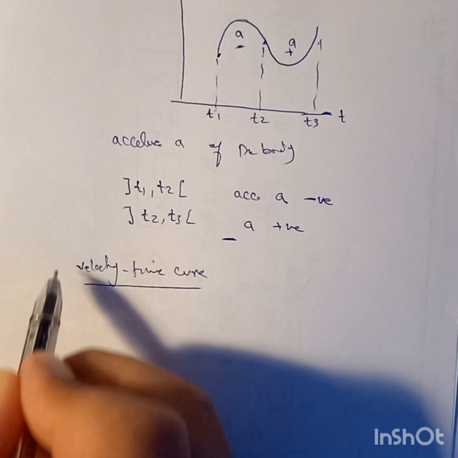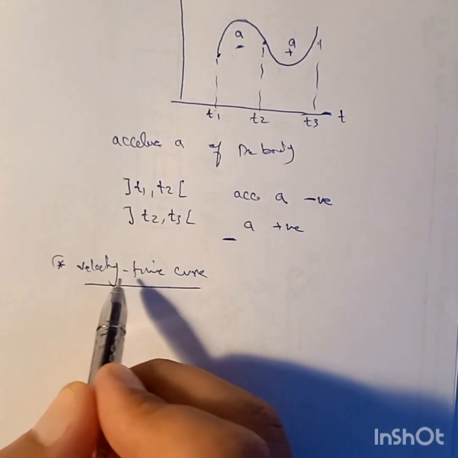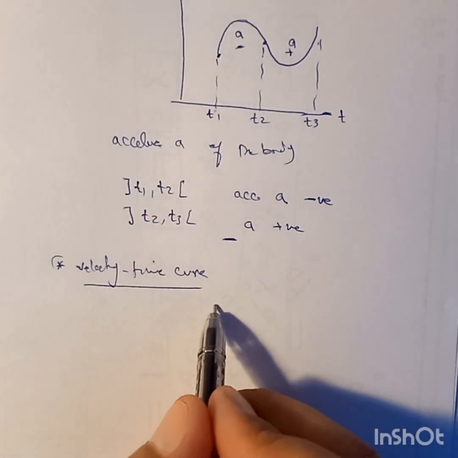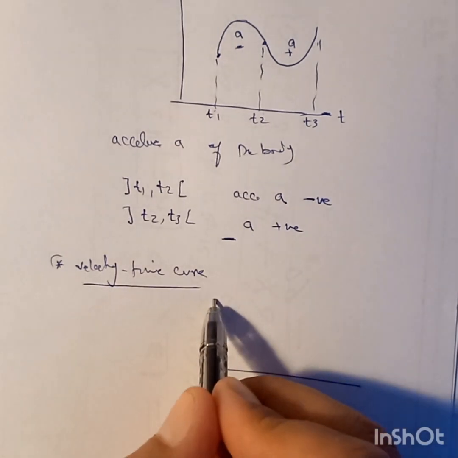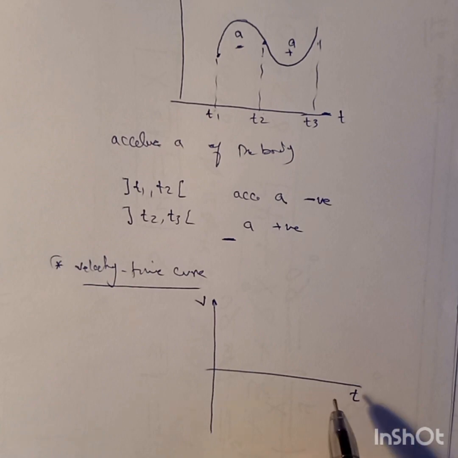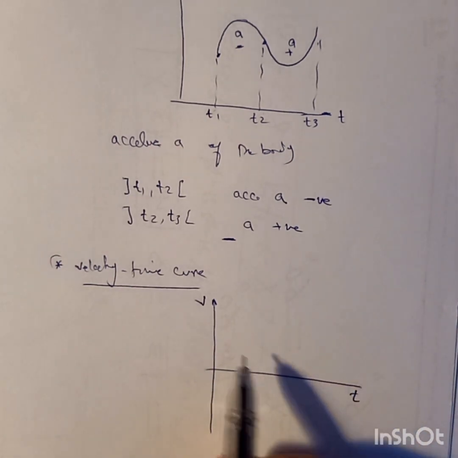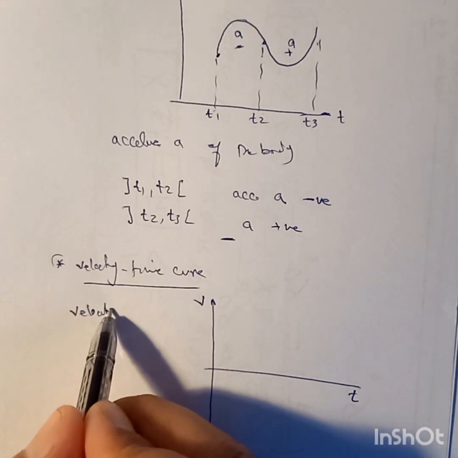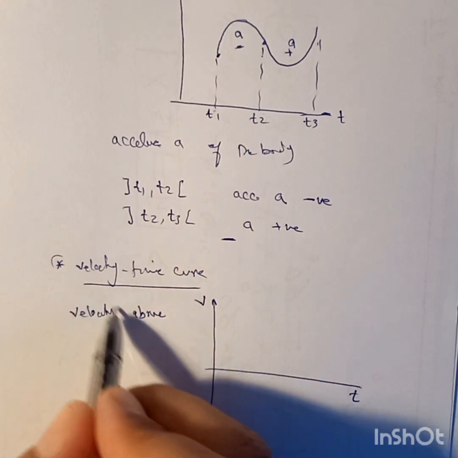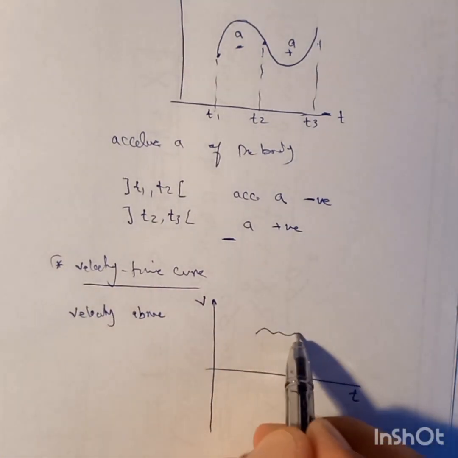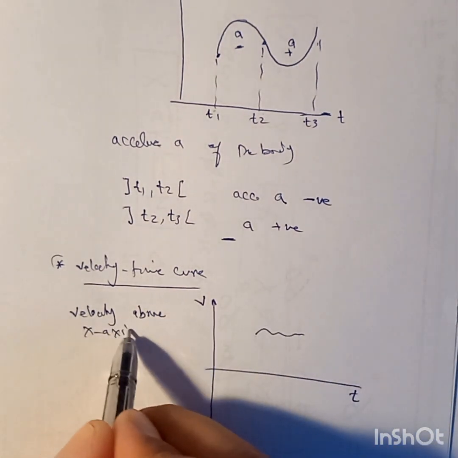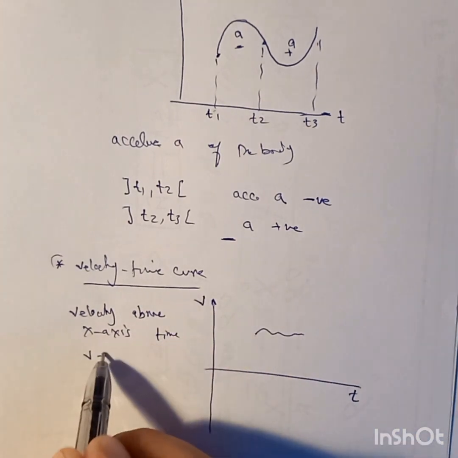The second curve represents the relation between the velocity and the time of the motion of the body in a straight line. If we have this curve, for example, the relation between velocity and time for the rectilinear motion of any body, from this curve we can find out the sign of the velocity. If the curve representing the velocity with respect to time is above the x-axis, which is represented by time, then velocity is positive.